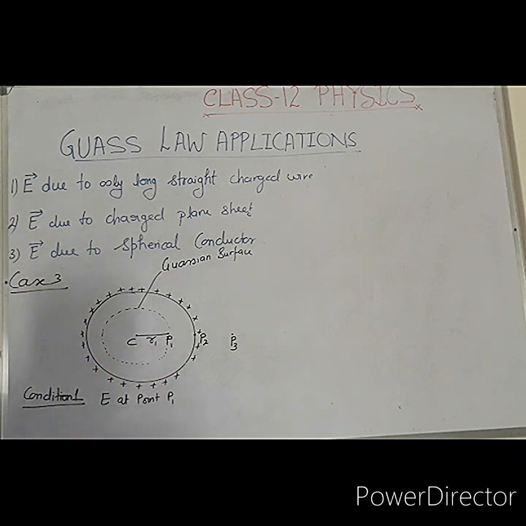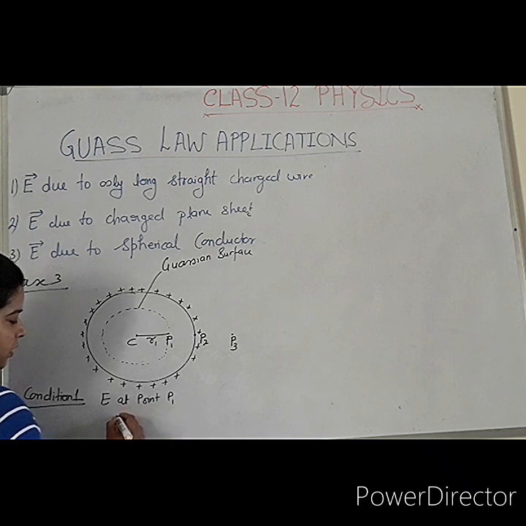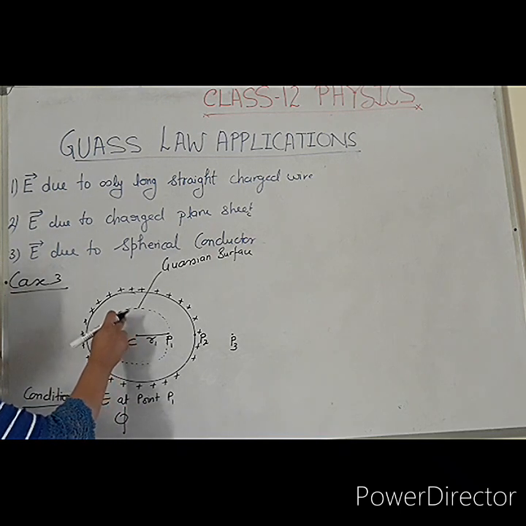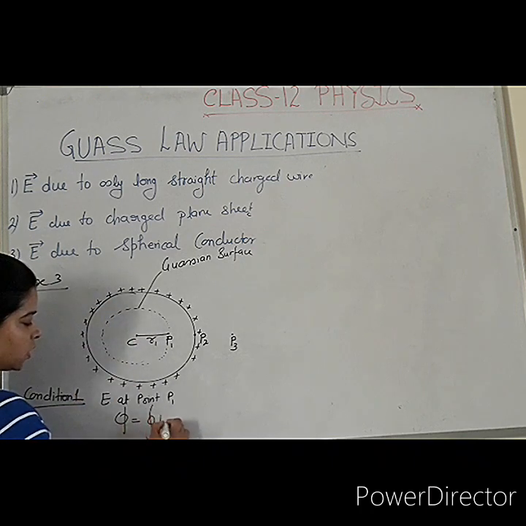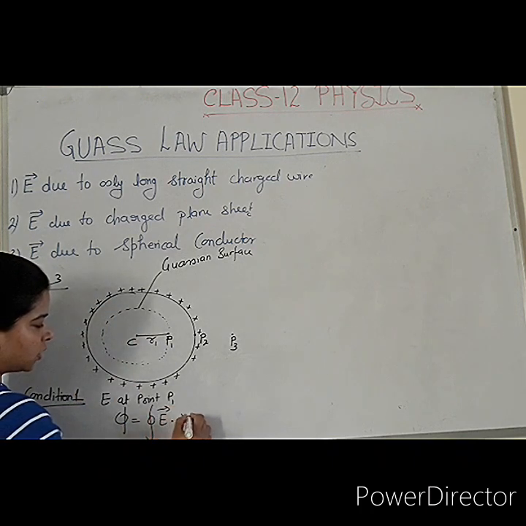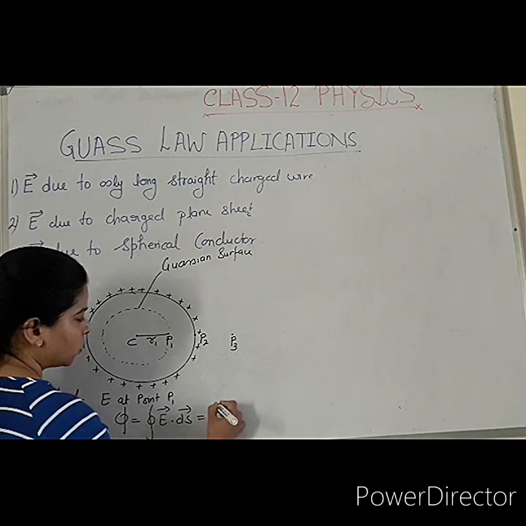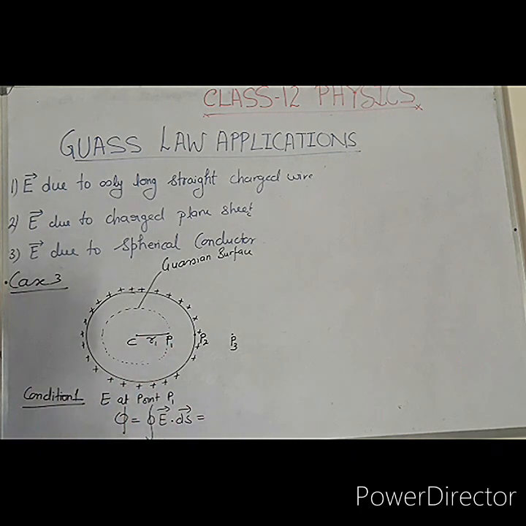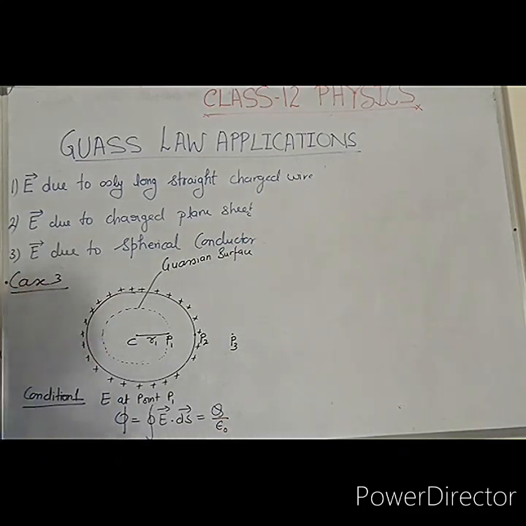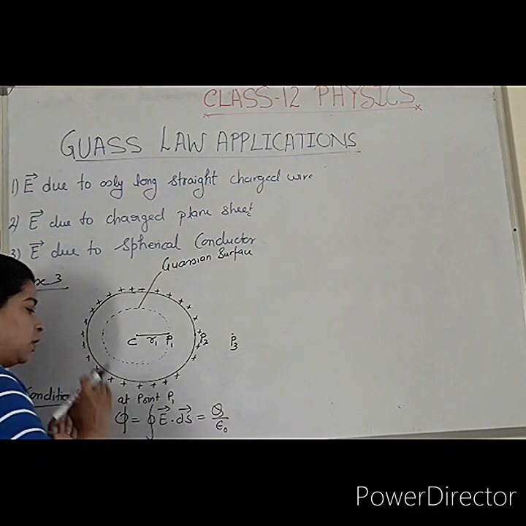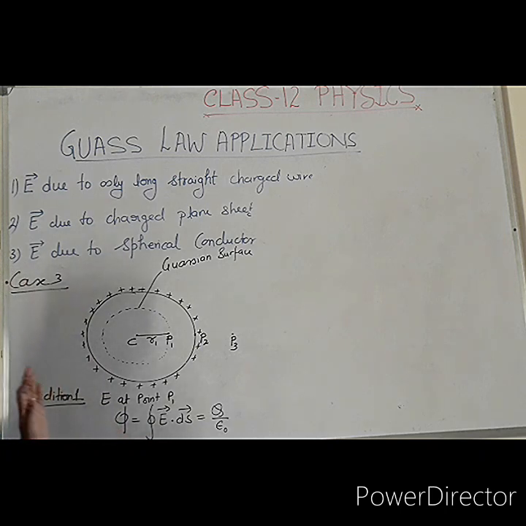So in accordance with Gauss law, the flux phi corresponding to this first Gaussian surface should be equal to the closed integral of E dot ds, that is equal to the charge enclosed by that surface, Q, divided by epsilon naught. That is the formula for flux in accordance with the Gauss theorem.